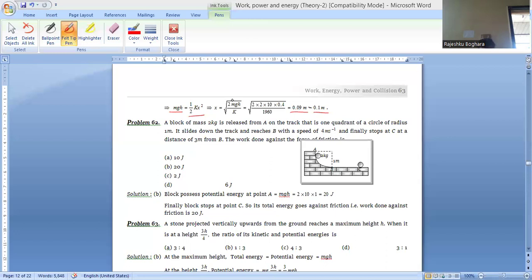So 10 into 10^6 watt means 10 megawatt. Efficiency is 80%, so output power equals 80% of 10 megawatt, which means 8 megawatt output.